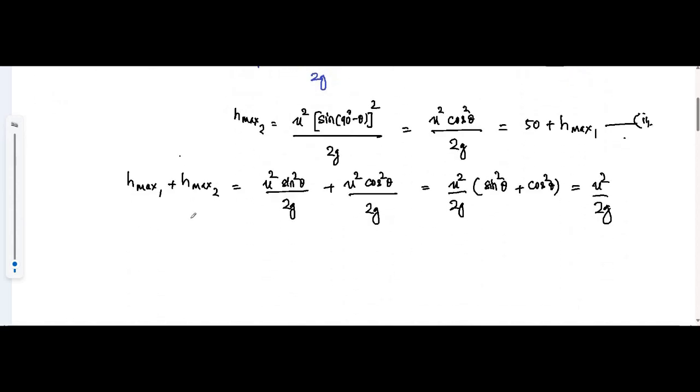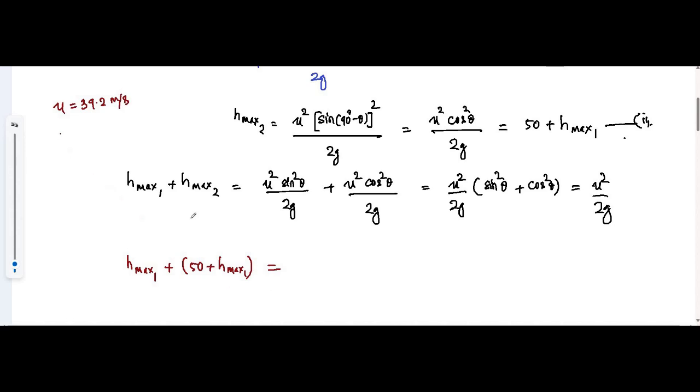So here we'll substitute: H max 1 plus 50 plus H max 1, bringing both sides into a common variable H max 1. So here it is u square by 2g. We will substitute the values because u, the initial projection velocity, is given as 39.2 meter per second.